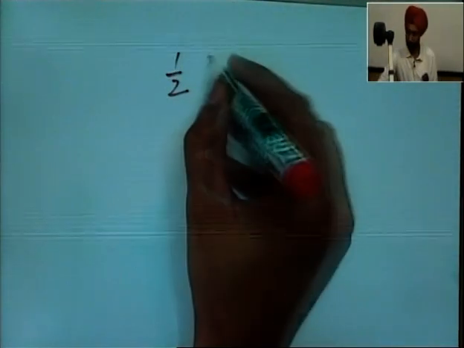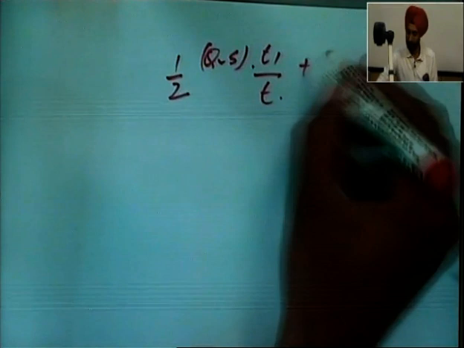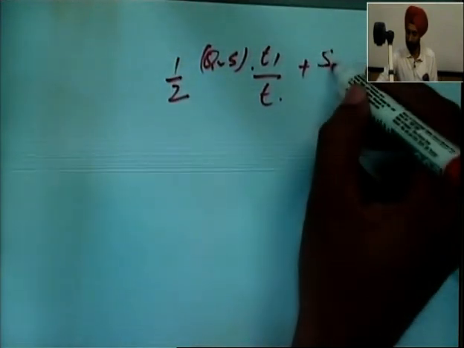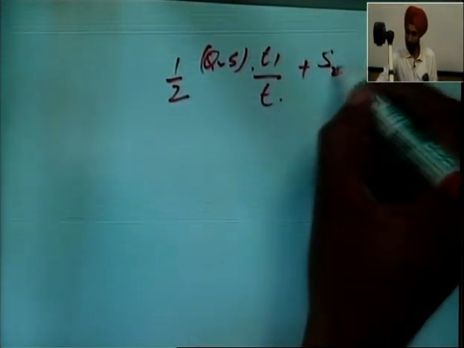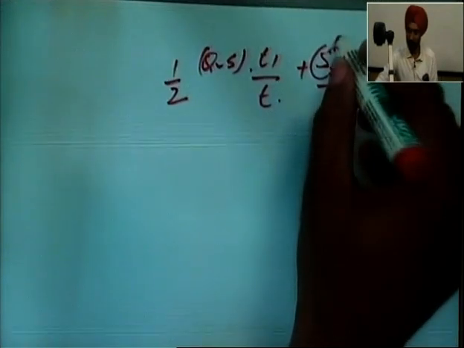So, half Q minus S into T1 divided by T, because in the rest of the period T2 or S there is no inventory, inventory is 0. For example, if you consider S and T2 divided by T, since here there is no inventory, this component becomes 0.